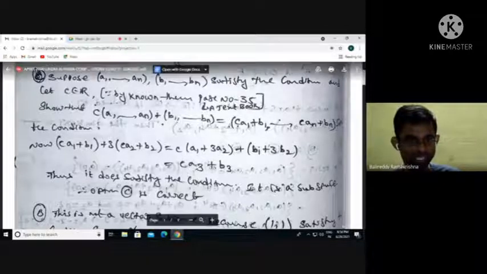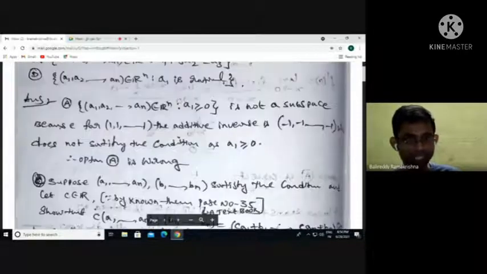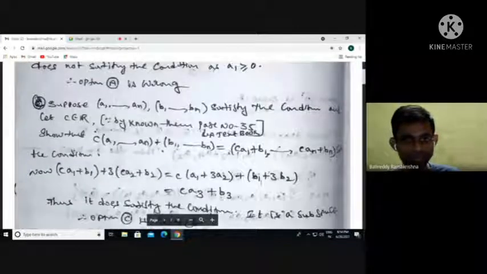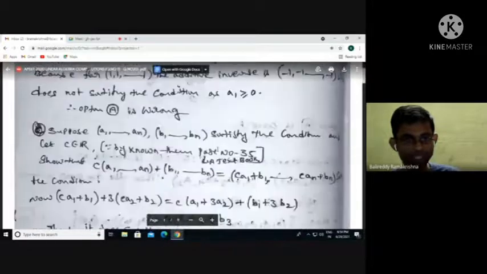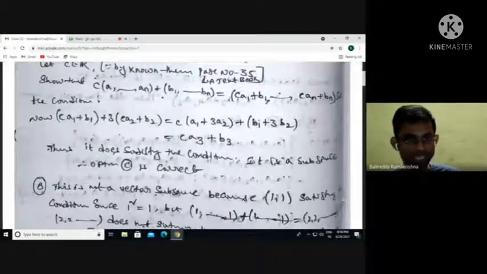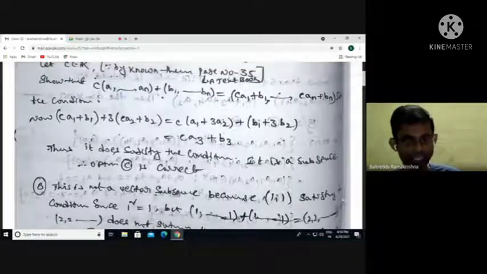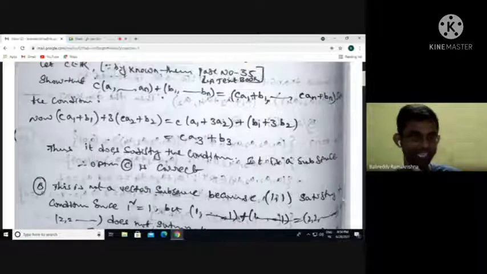So it is of the form c into, this is the a3 value, because a1 plus 3a2 is nothing but a3. And similarly, b1 plus 3b2 is nothing but b3. So this value is equal to ca3 plus b3. Thus it does satisfy the given condition. It is a subspace, so our option number C is correct.